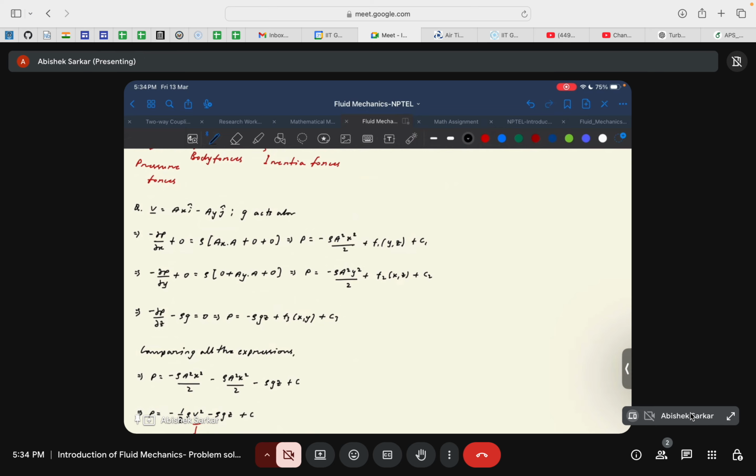And you need to find the expression for pressure. Since it's a 2D flow, pressure will also be a 2D scalar field.